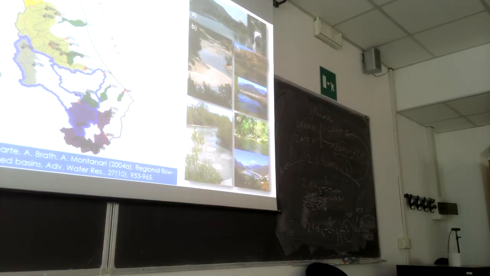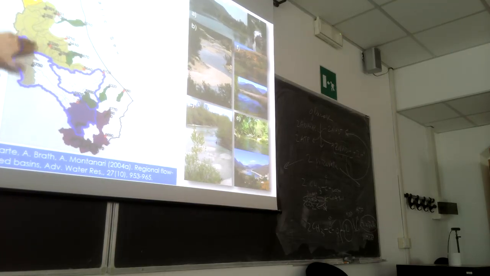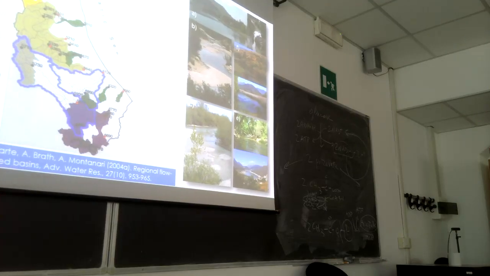And then another situation, these dark green catchments are low elevation catchments because the Apennine divide is up here. Here you have Gran Sasso, so elevations here are very high, 2,500 meters above sea level. Instead, these smaller catchments here are all coastal catchments with fine sediments, so rather impervious as well.